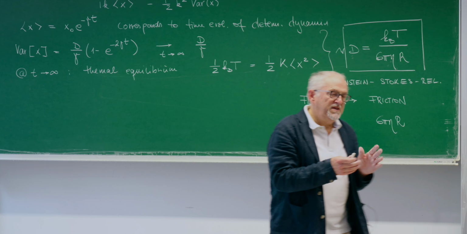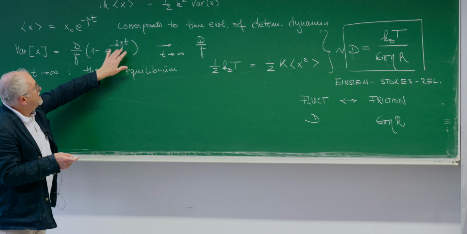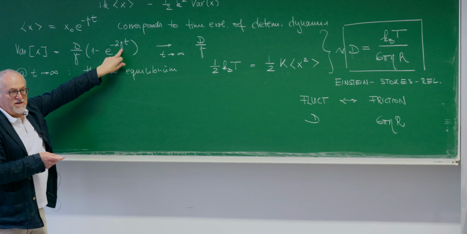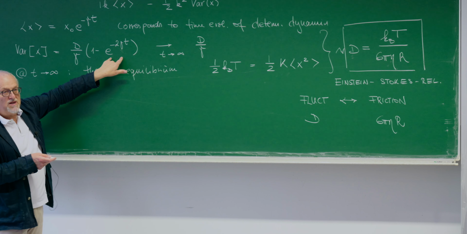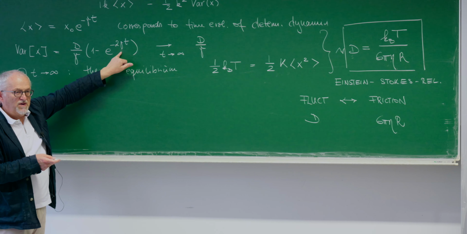Close to equilibrium means something different. Here it means this is the parameter that characterizes how fast you go to equilibrium. The steady state is when this is 0. So the typical time to relax to equilibrium is 1 over gamma.